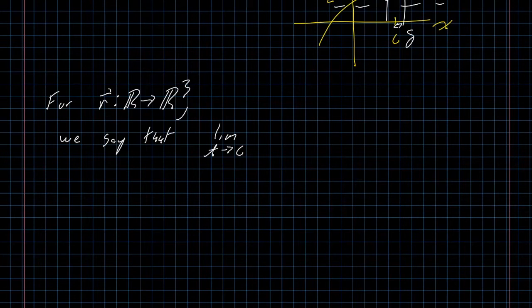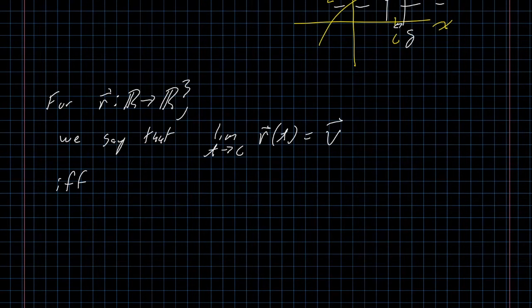Instead of the limit as x approaches c, it will be the limit as t approaches c because we usually use r as a function of t. Limit as t approaches c of r of t is equal to, well, L doesn't quite make sense because it's not a point anymore, it's a vector that we get out. So let's call it vector v.